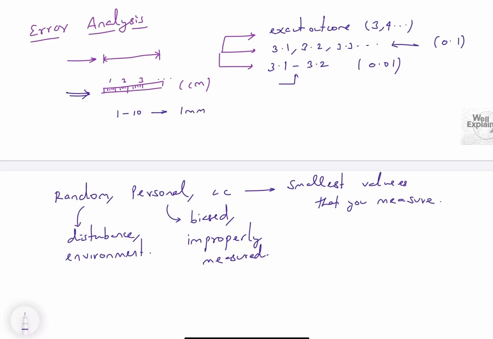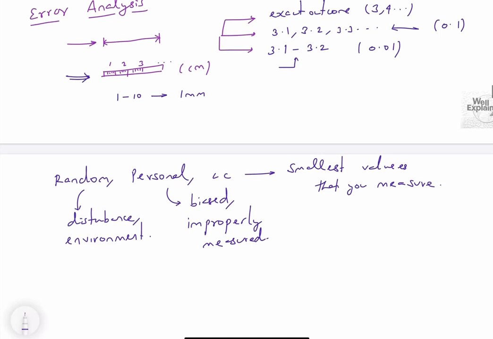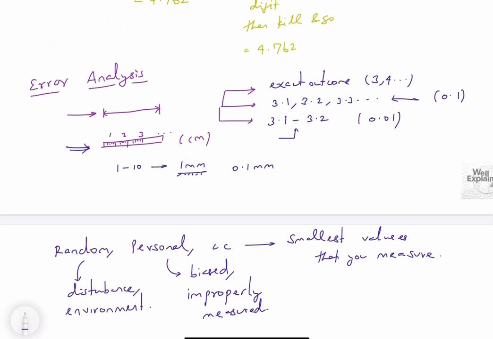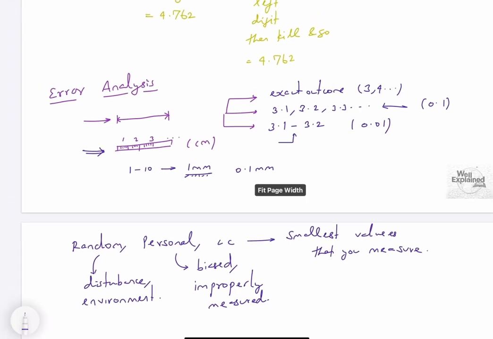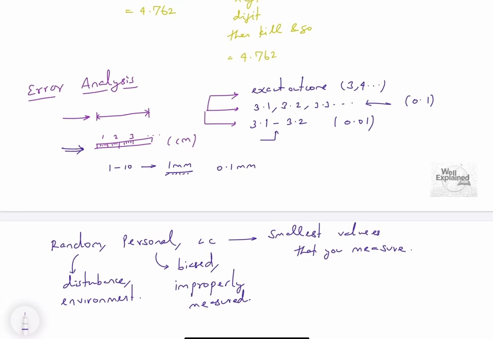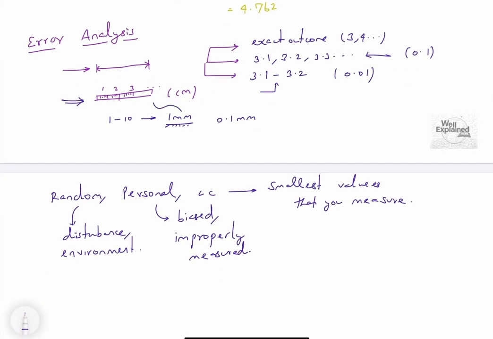Each marking represents 1 millimeter. So, what is the minimum measurement of length that you can do with this? A millimeter is the least measurement you can do. Can you measure 0.1 millimeter for me if I ask you to? No, you'd say no, because the least is only 1 millimeter and I cannot go further beyond that, right? And so for this scale, the least count is 1 millimeter.